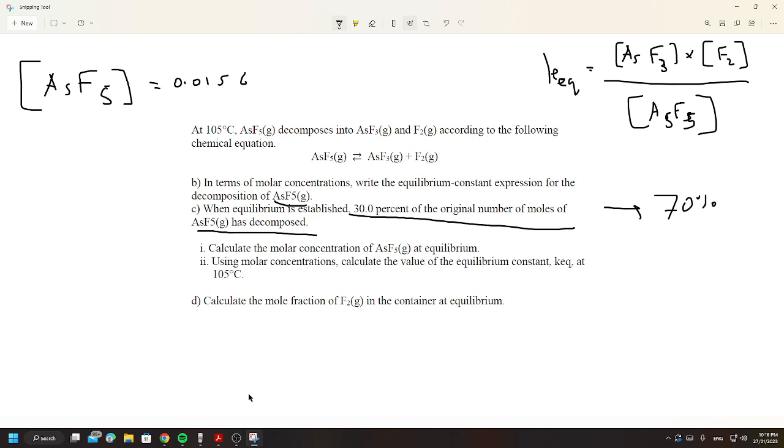Okay. So they told us 30% decomposed, therefore 70% remains, right?